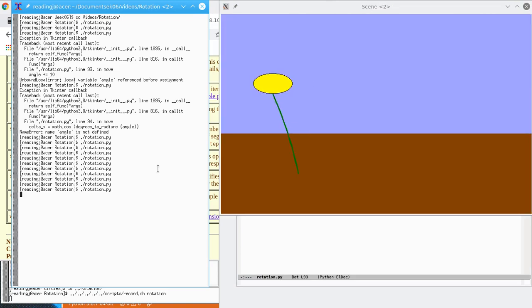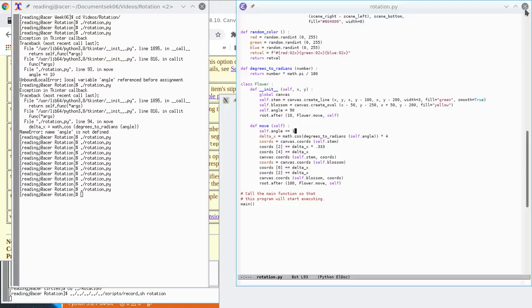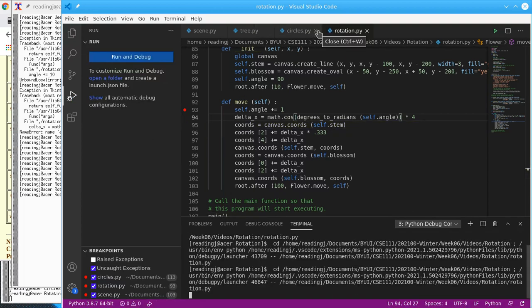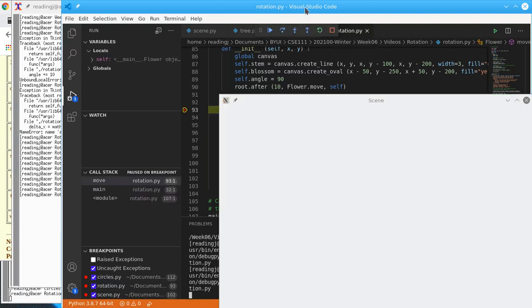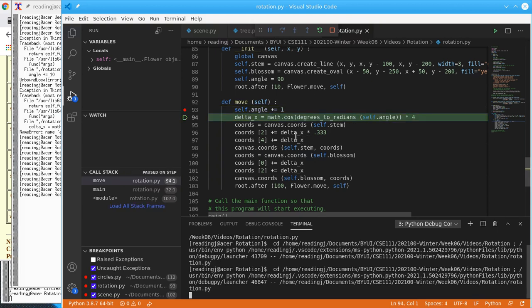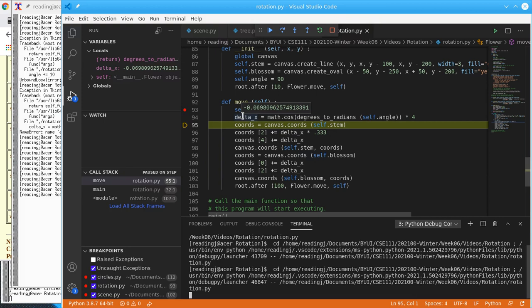But he's still going way far over there. Gosh, why is that happening? All right, come back to here. Got our breakpoint still. Restart. Okay. So delta x is a very small number.